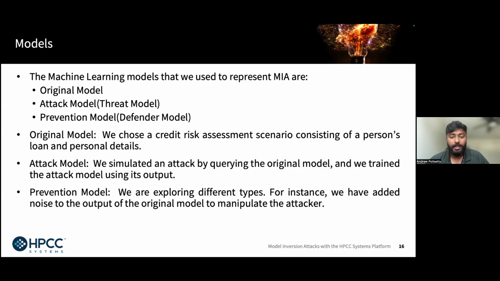This model was trained on the outputs of the original model and additional test data, allowing it to mimic the predictions and potentially reverse engineer sensitive information. Finally, the prevention model was designed to protect against such attacks. In this model, we introduce noise by flipping the binary outputs of the top 30% of predictions, making it harder for an attacker to accurately infer the underlying data.